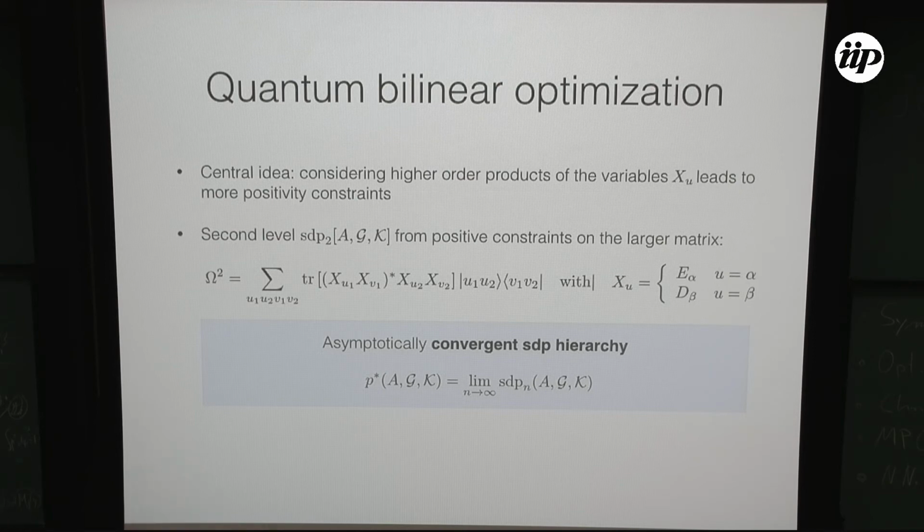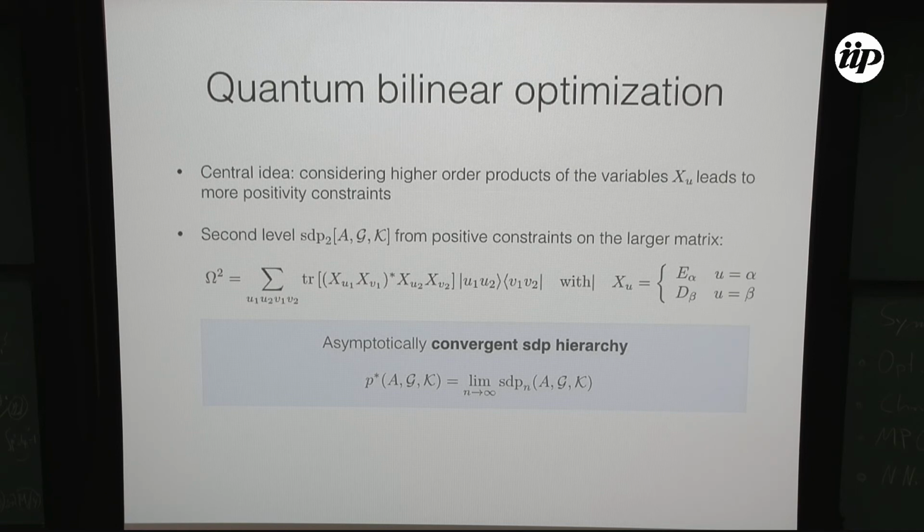Of course, if you go up in the levels, the size of the program becomes large, and it becomes quite messy. But we can prove that our hierarchy actually converges to the p star value. In principle, this already follows from the convergence proof of the NPA hierarchy, because we just add more constraints to the NPA hierarchy if you want.